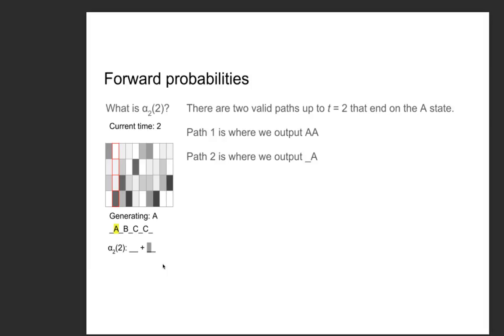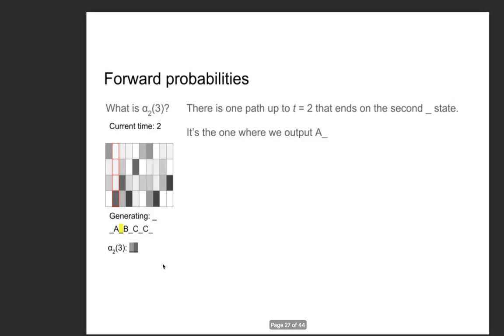In one case, we started directly on A, and then we outputted A twice. So the first path that satisfied this criteria was 2 A's. The second path would be if we outputted a blank the first time step, and then we moved on to state A at the second time step. So in this case, we have 2 different paths to sum over to calculate alpha sub 2 of 2. It's a lot of 2's.